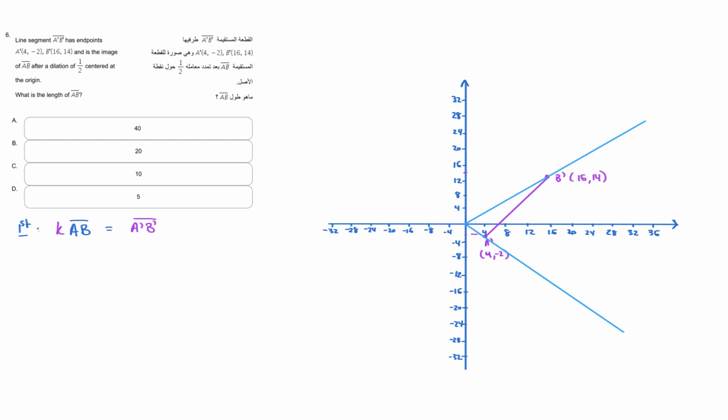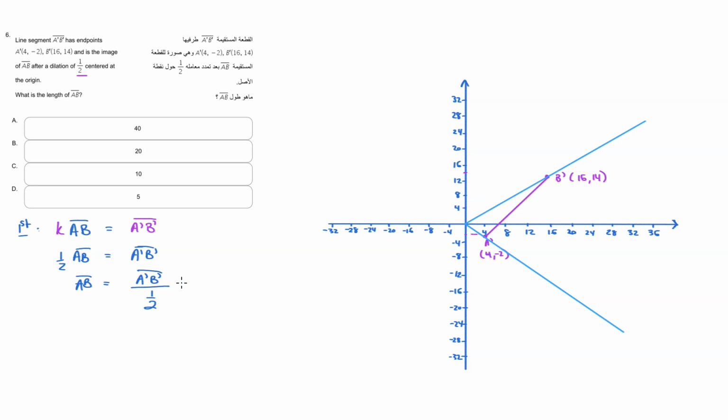Now, since we know that the dilation is a factor of 1/2, what that means is that this line shrank. This means that 1/2, because that's my dilation factor, 1/2 of AB is equal to this A prime B prime. Well, what that means is that AB, with a little bit of algebra, is equal to A prime B prime divided by 1/2.